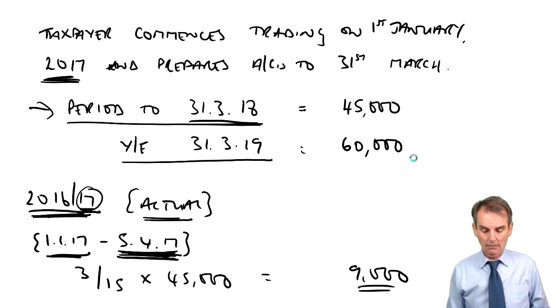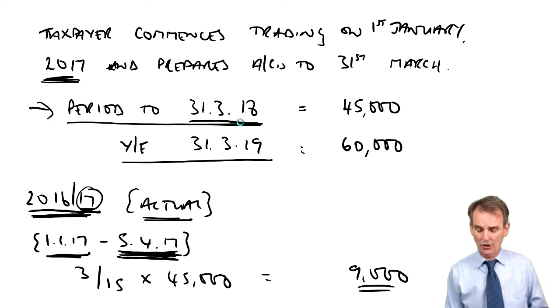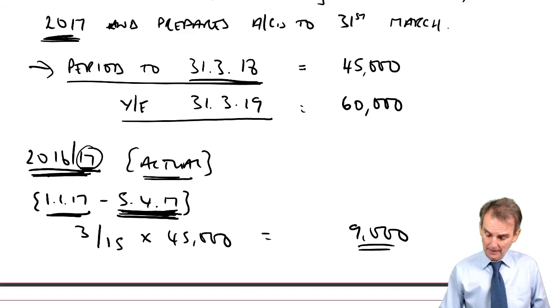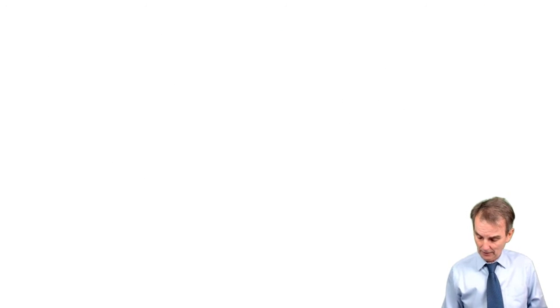What we're going to do now is to have exactly the same start date, the 1st of January 17, but this time, instead of going 15 months through to the 31st of March 18, we're going to go on for one more month and make it the 16 months to what will therefore be the 30th of April 18. And we'll see what outcome then arises. Okay, let's therefore set that example up in line with what I've just said.